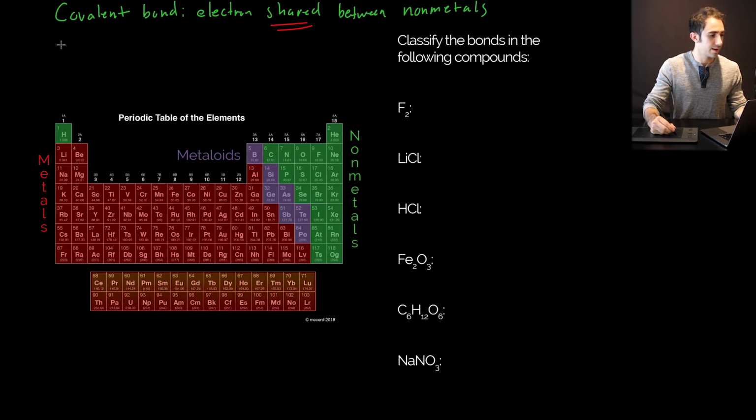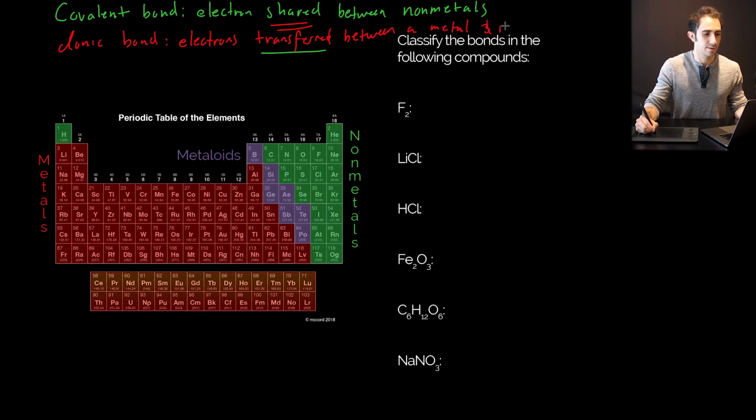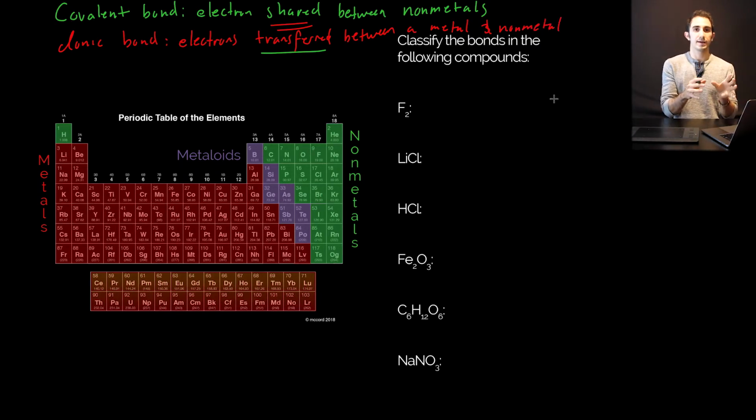And then if you have an ionic bond, that means you have electrons transferred, make that a keyword, between a metal and a non-metal. So we're going to use that to make sure that we know each of these.